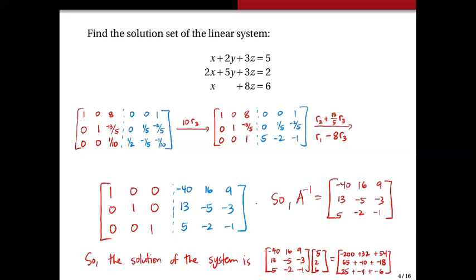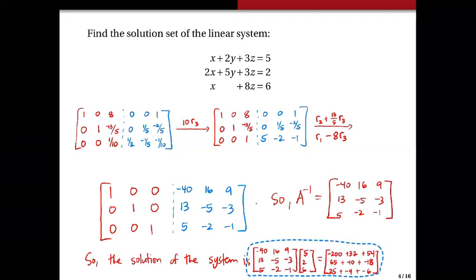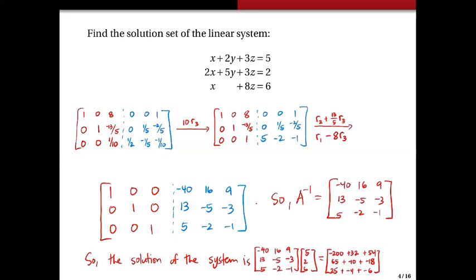So if we simplify this, we now have the solution to the system. Let's just simplify this. So 32 plus 54, that's 86. So 86 minus 200, that's negative 114. Please check my arithmetic there.